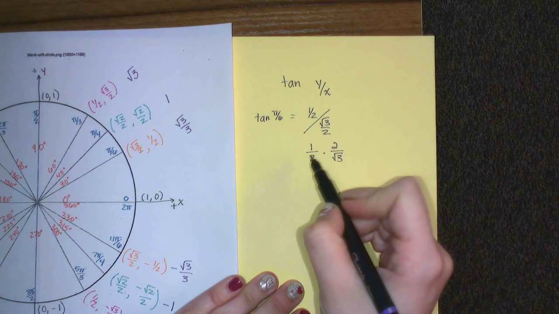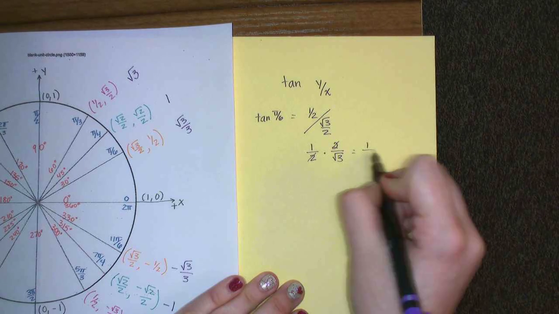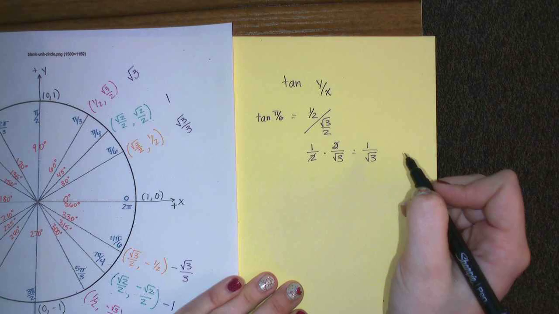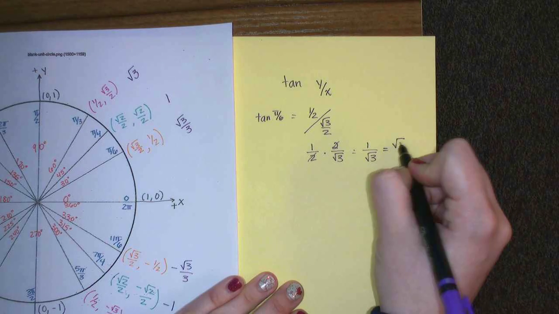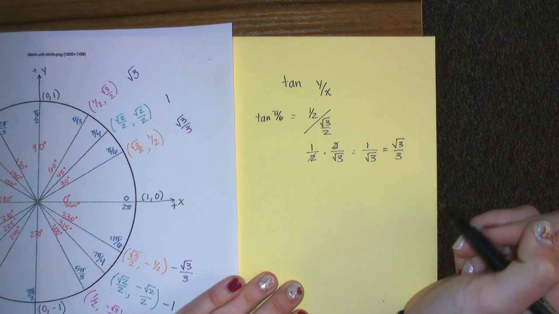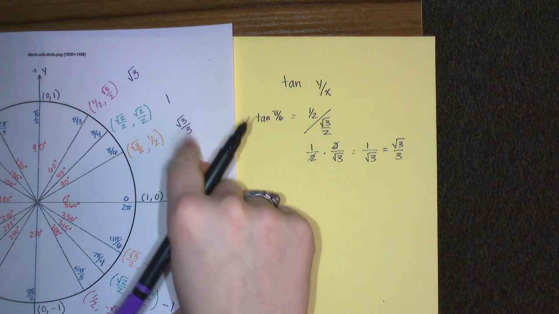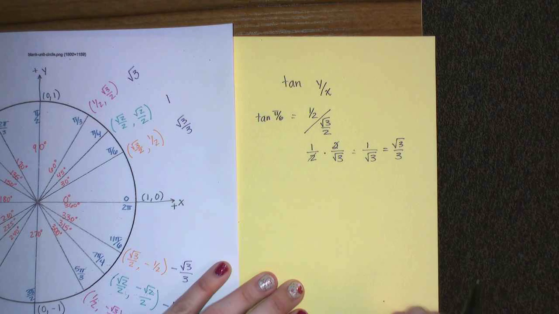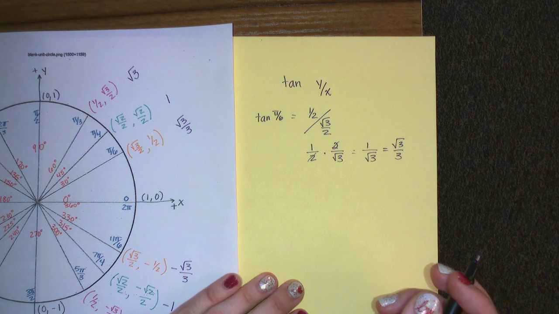The 2's cancel, leaving you with 1 over the square root of 3. Obviously we can't leave a radical on the bottom, so that gives us root 3 over 3. That's how we got that one. I'm going to show how to get each of these three really quick, and then we'll look at the ones on the axis.